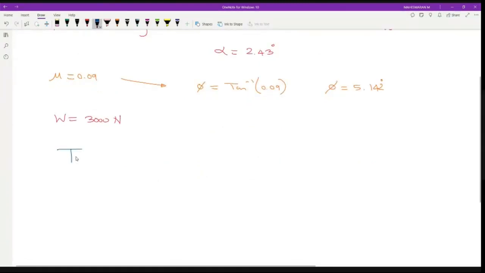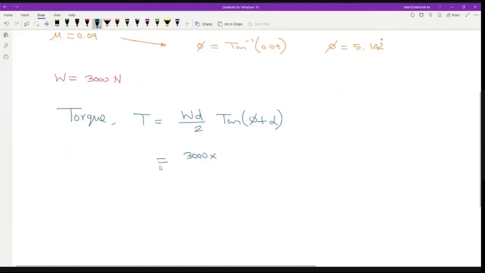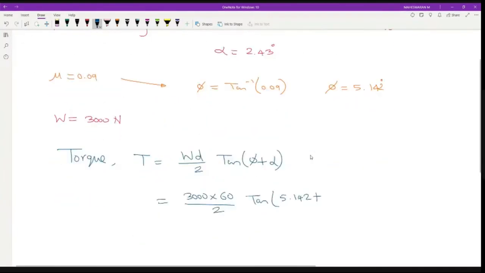Torque T is equal to W d by 2 tan of phi plus alpha, which is equal to 3000 into 60 divided by 2 tan of 5.142 plus 2.43.